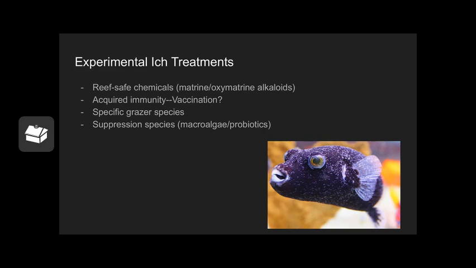Now, as far as reef safe chemicals, something that's been kind of explored are these reef safe alkaloids derived from a lot of different algae and plant roots. So things like matrine and oxymatrine, these have been demonstrated to stop the ciliates, the theronts, dead in their tracks, just to kill them.